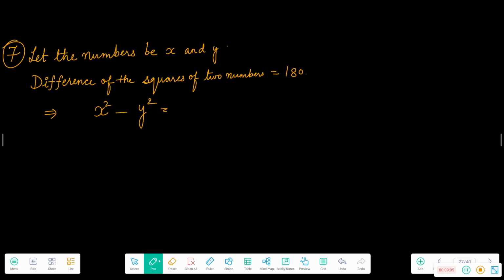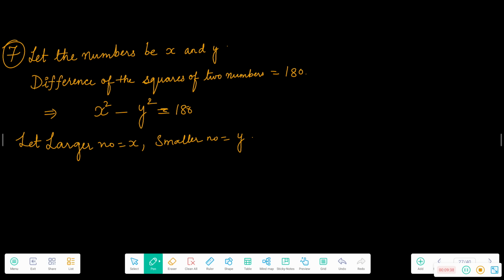We'll get the difference of squares equal to 180. And given the square of the smaller number is 8 times the larger number. So let us assume that the larger number be x and the smaller number be y.